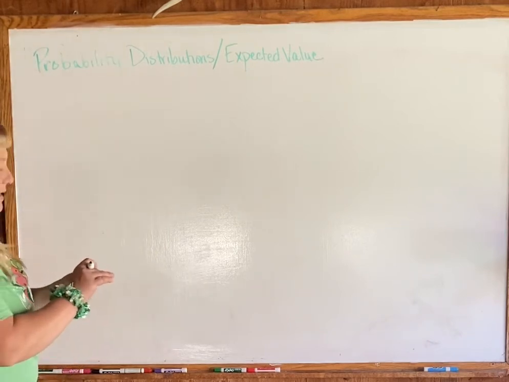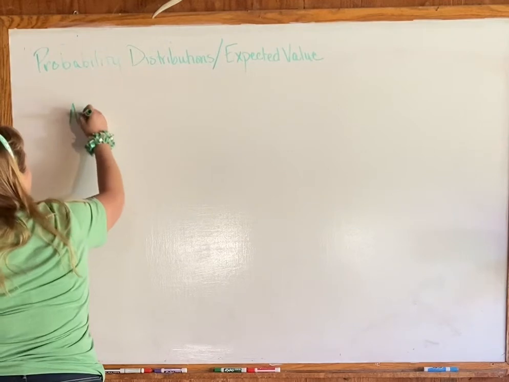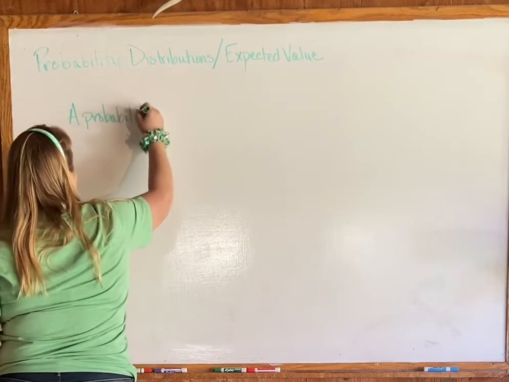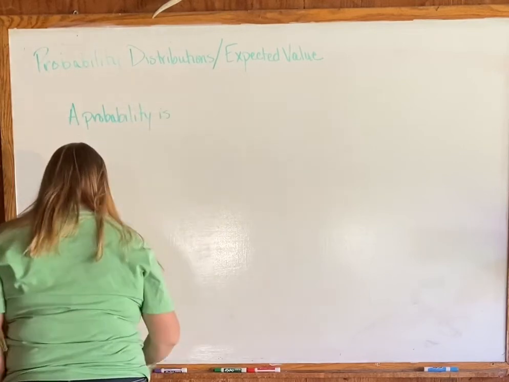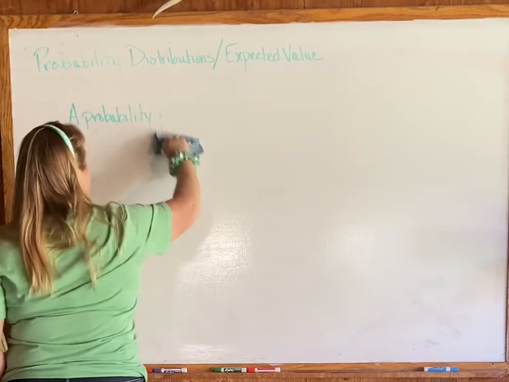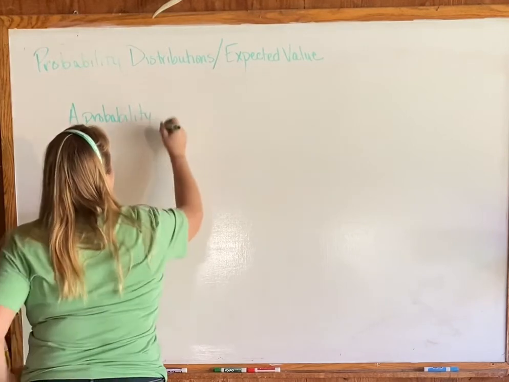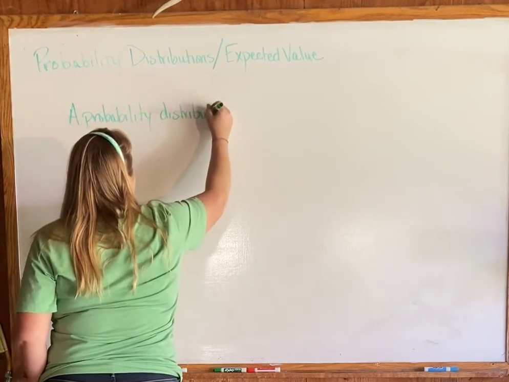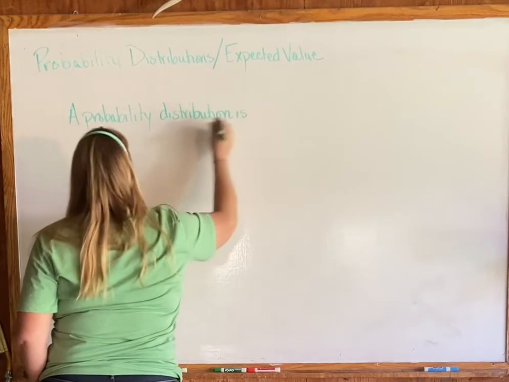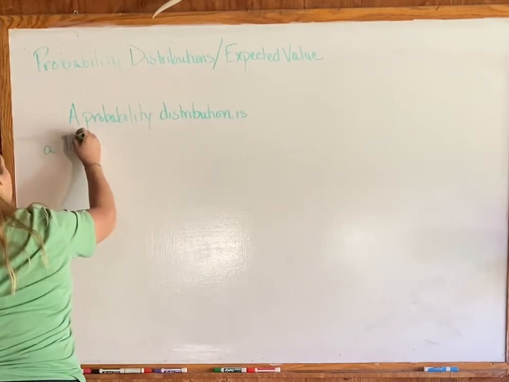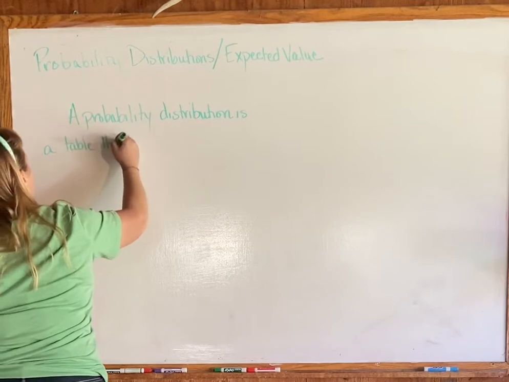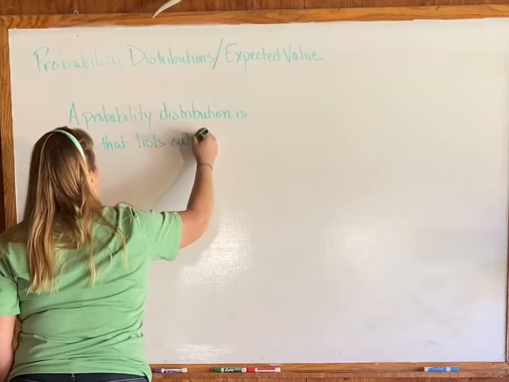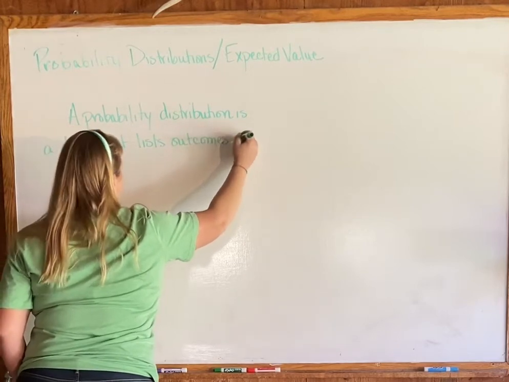So a probability distribution is a table that lists outcomes and their probability.